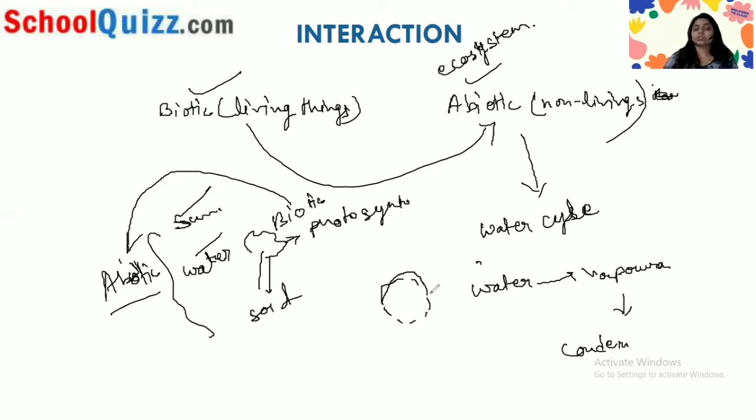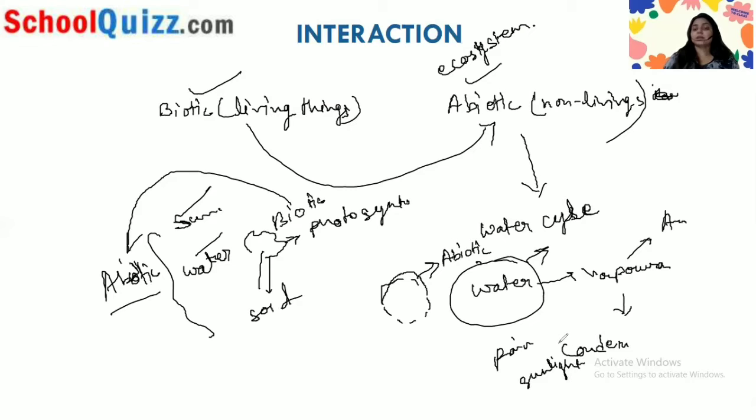It is a continuous process, and here you can see that the abiotic components interact with the abiotic components. How? Water is also an abiotic component, and vapor is also an abiotic component, okay? Rain is also an abiotic component. Sunlight is also an abiotic component which participates in this water cycle for the vaporization process, okay? So these are all the abiotic components which are interacting themselves, okay?